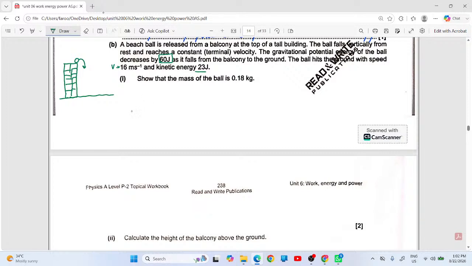Show that the mass of the ball is 0.18 kg. We have to find the mass, so we use the formula of kinetic energy, half mv squared. M equals kinetic energy divided by the velocity squared, where the velocity squared is 16 squared.